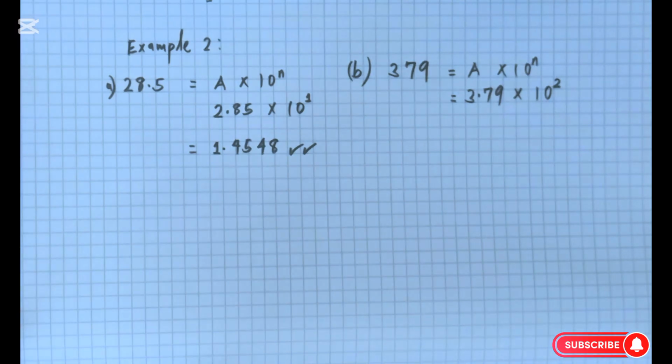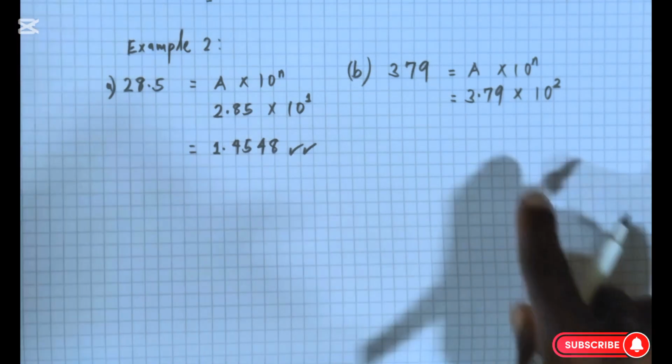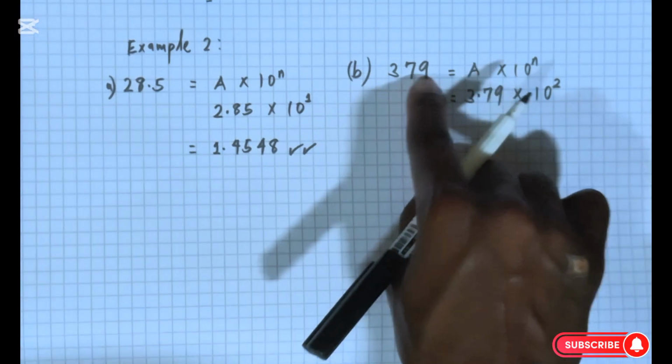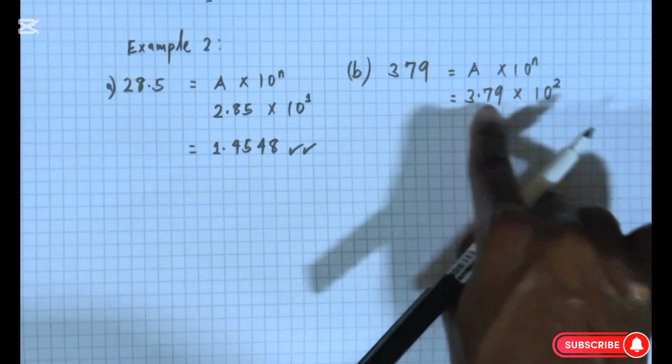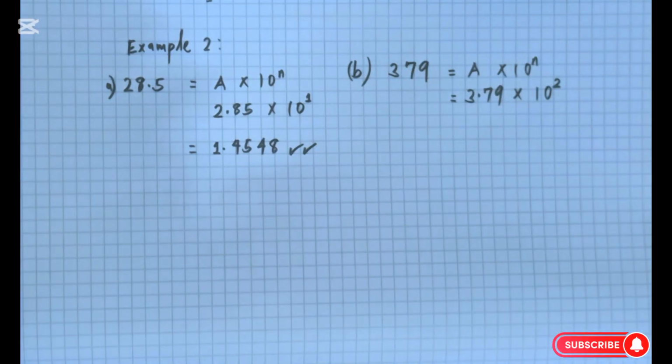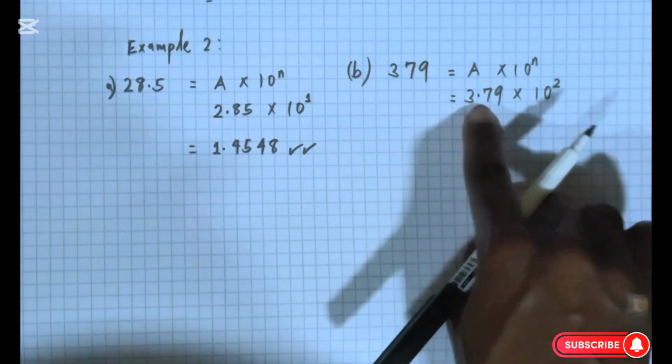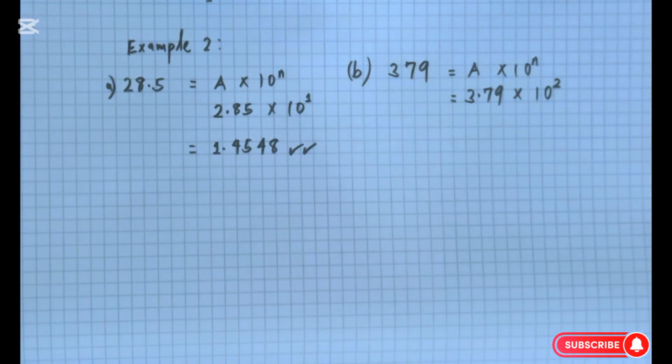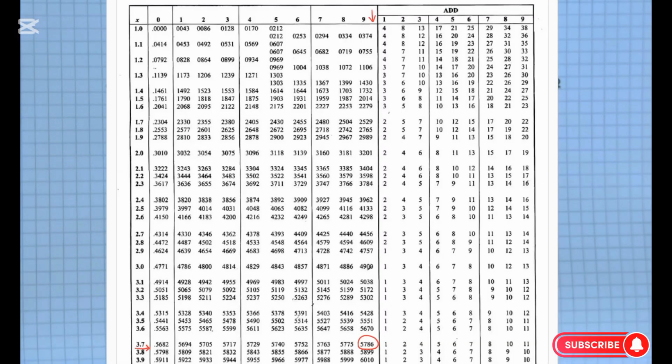And so for us to find the logarithm of 379, we are going to find the logarithm of 3.79 directly from the table. In the x column we're going to look for 37, and then in the mid column we're going to look for 9. When you read that, it is going to give you mantissa value 5786.